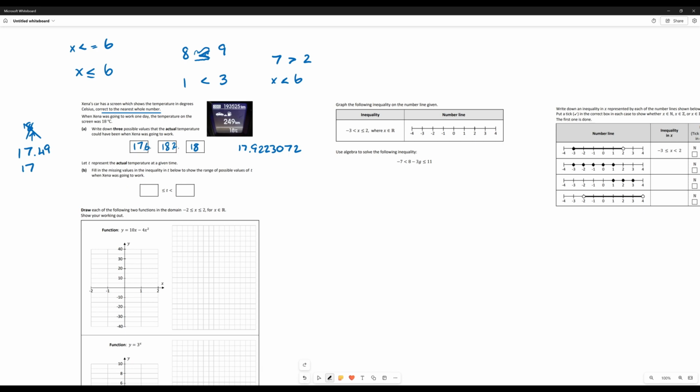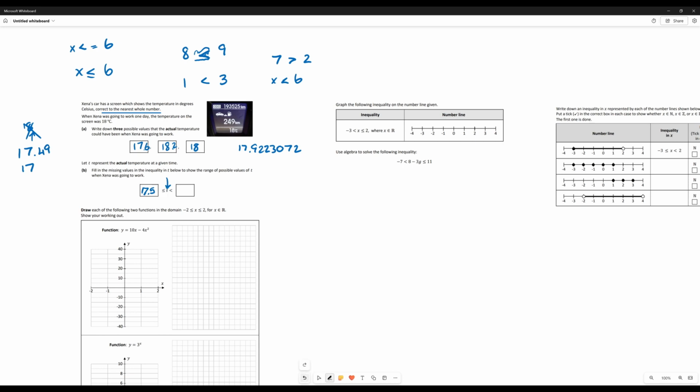But what I'm going to do is I'm going to say the temperature, in order for it to round up to 18, would at least have to be 17.5. I've messed that up ever so slightly, but bear with me. As long as T is 17.5 or bigger, because it's the equals in the inequality, right?